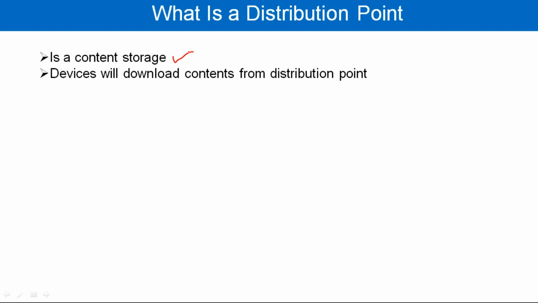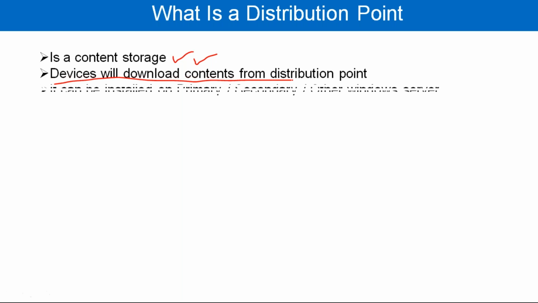All the devices will have to have at least one distribution point, and devices will always talk to that distribution point and download the content from it. It can be installed on primary, secondary, or any other Windows server.